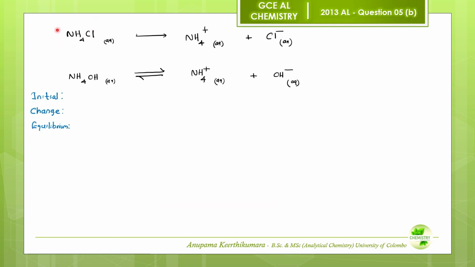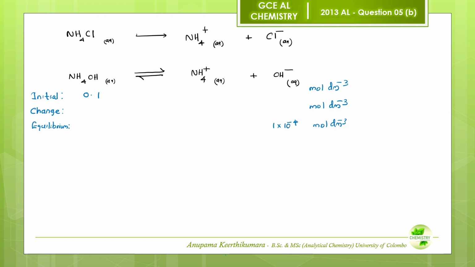Ammonium chloride completely dissociates and produces ammonium ions and chloride ions. The weak base ammonium hydroxide undergoes partial dissociation. The initial concentration of ammonium hydroxide is 0.1 moles per cubic decimeter. And the OH minus ion concentration at the end we have calculated as 1 times 10 to the negative 4 moles per cubic decimeter.